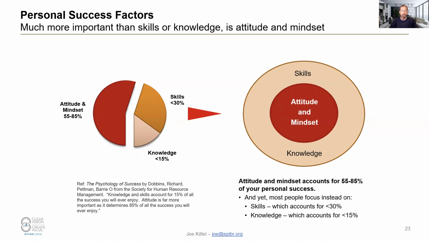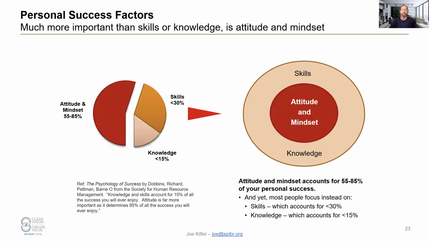Next is skills, harder to assess and harder to change, but more important than knowledge. And finally, most important, is attitude and mindset. By far and away, the most important attribute, and the hardest to change, the hardest to assess.